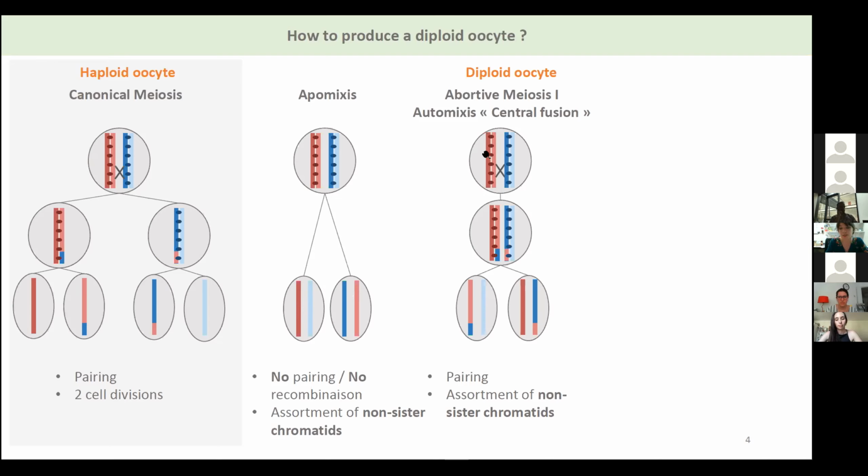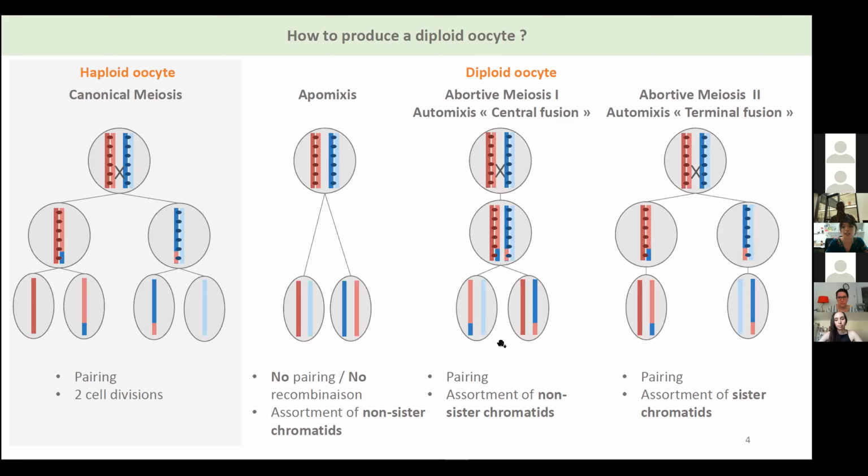This time there is some recombination, and in the mature oocyte, we find once again non-sister chromatids, but they may have recombined. The third hypothesis is that meiosis 2 is abortive, or automixis with terminal fusion. Once again, there may be some recombination, and in the mature oocyte, we find this time sister chromatids.